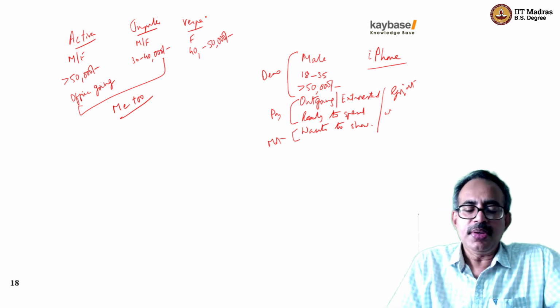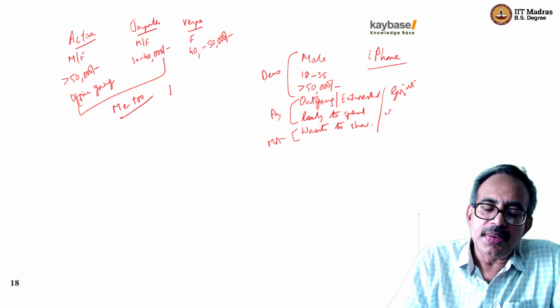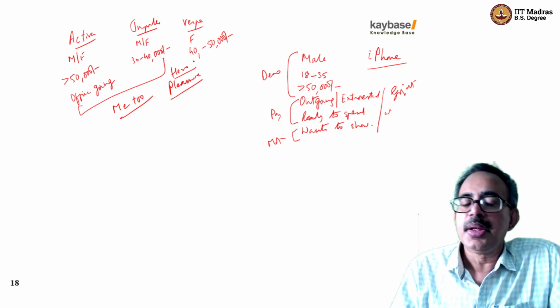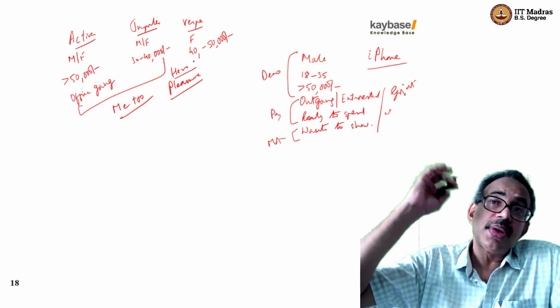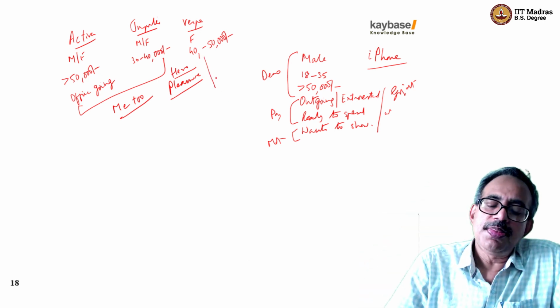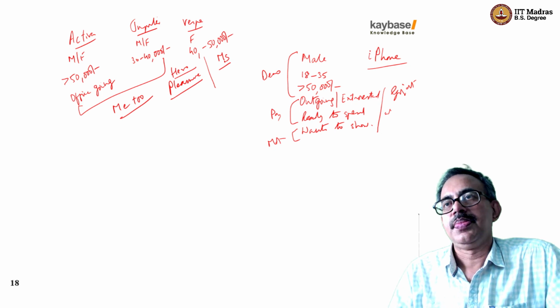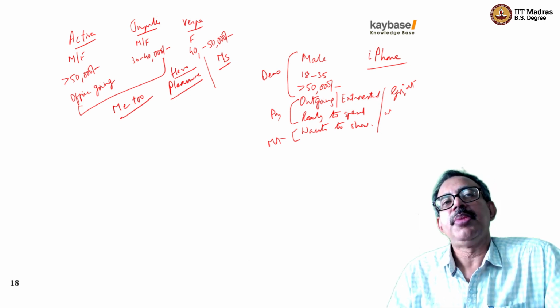I'm sure you would have heard of a vehicle called Pleasure. Hero Pleasure was launched for ladies specifically. Many years ago, about 30 years ago, there was a brand of cigarettes called MS, meant for women.